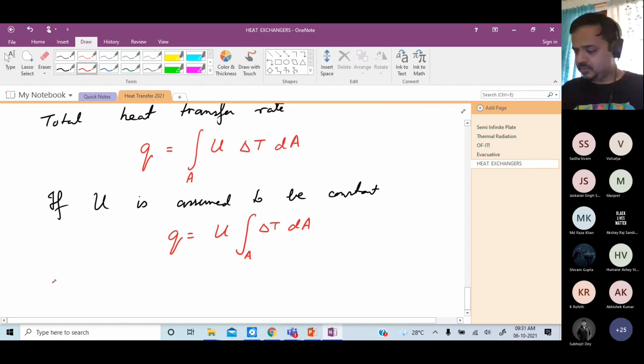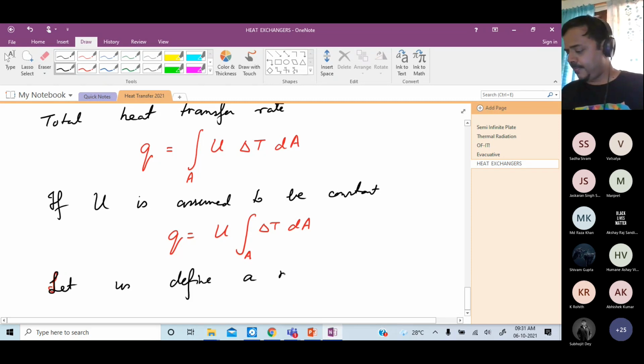So now let us define a mean delta T, a mean temperature difference.